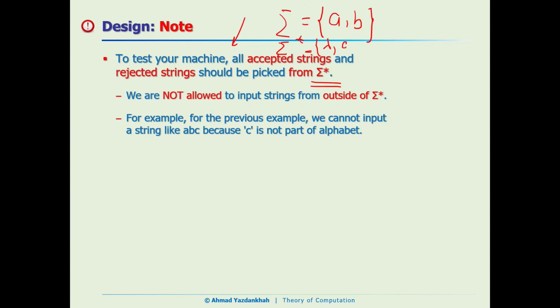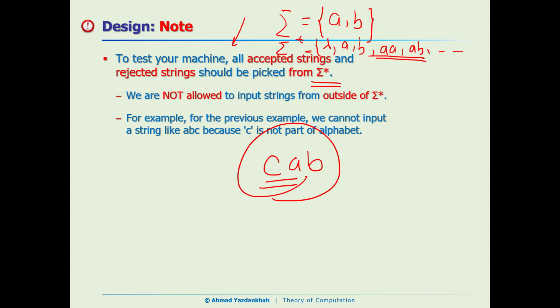It's lambda, A, B, AA, AB, and so on. All of these strings should be your test cases, either for the L or for L bar. For example, you cannot test the previous machine with, let's say, CAB, because C was not part of the alphabet. You are not allowed to do that, right? So this is a very, very important point here.